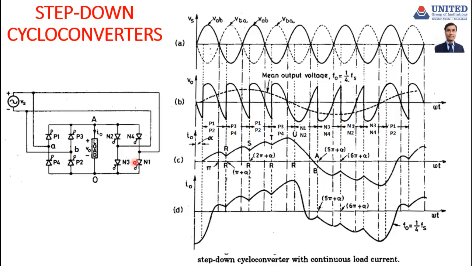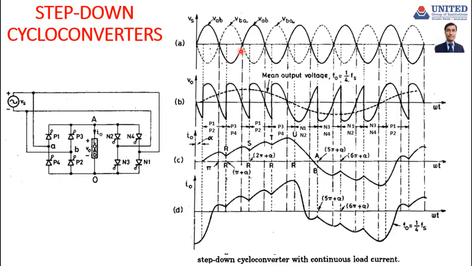When the triggering pulse is applied to thyristors P3 and P4 at omega t equal to pi plus alpha, then P3, P4 will turn on, and P1, P2 are turned off due to reverse bias. Then current starts flowing through the path b, P3, load, P4 and then b.